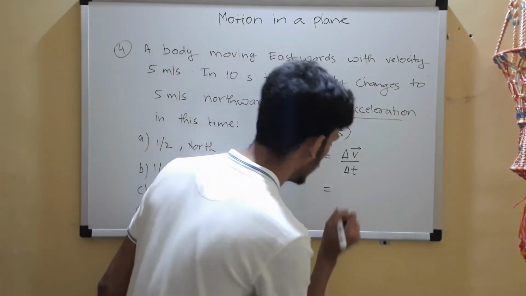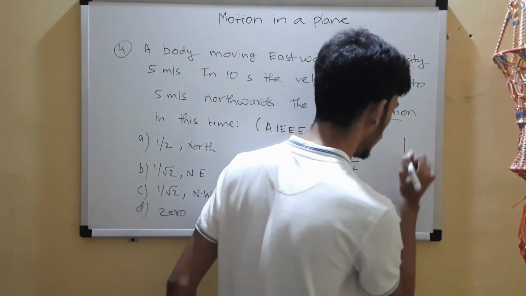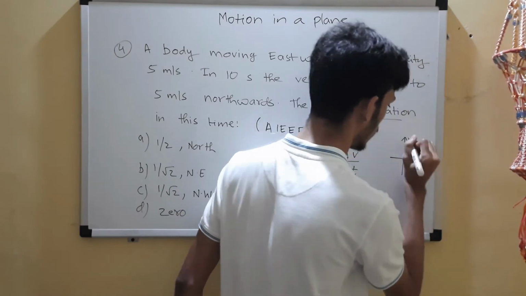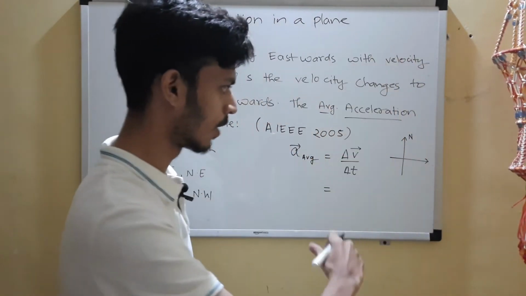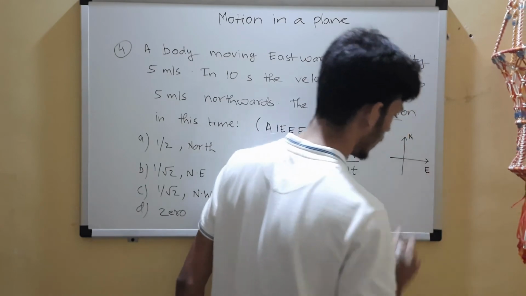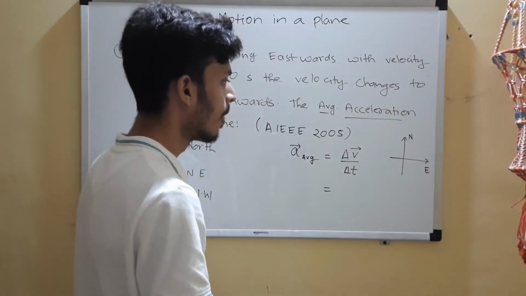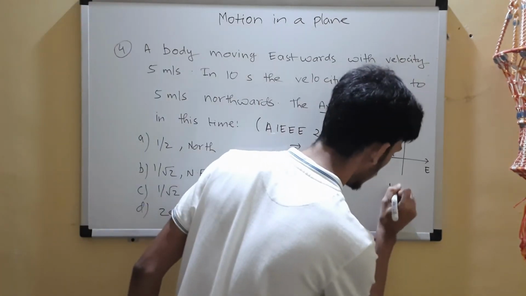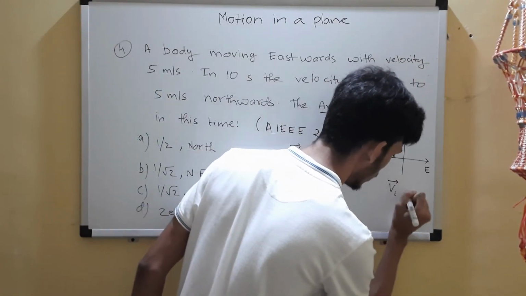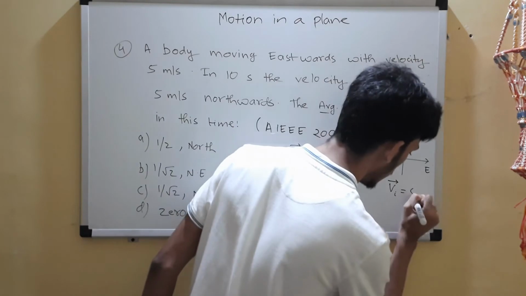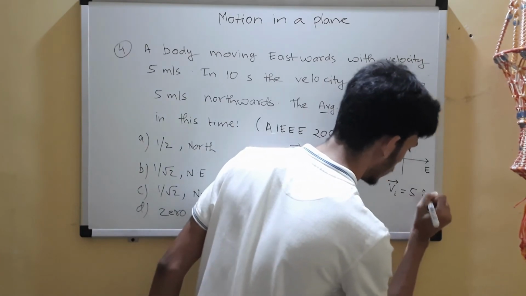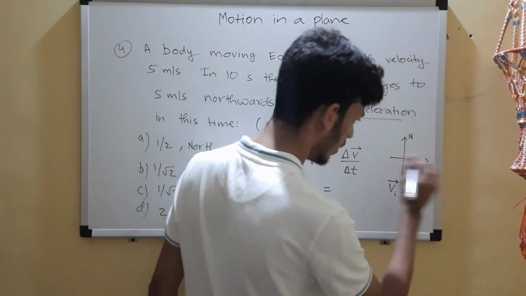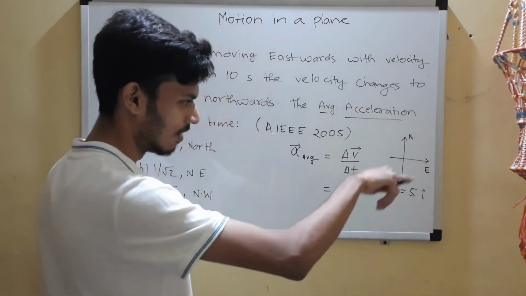Let's solve it. Let's picture it, that will make things easier. Suppose this is the north direction, and this is the east direction. Initially, the initial velocity is 5 meters per second in the east direction. So let the unit vector along that direction be i cap.